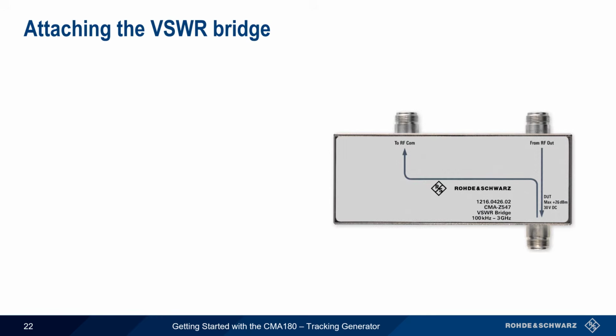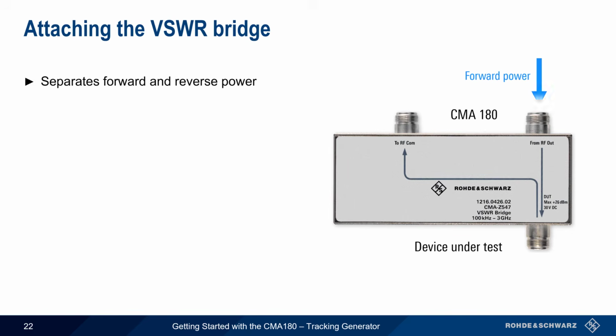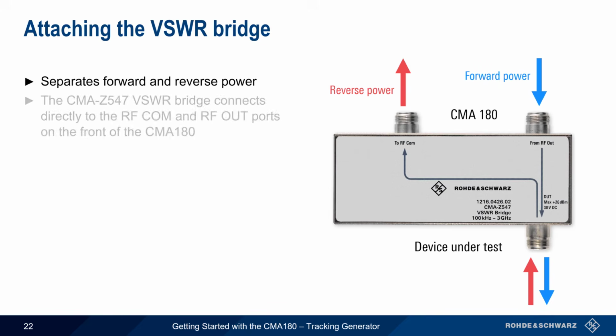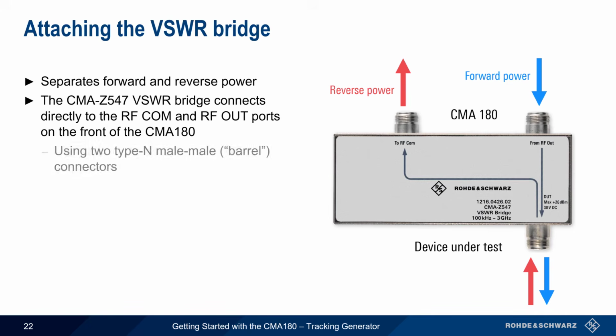A VSWR bridge is used to physically connect the CMA180 to the device under test. Recall that the purpose of a VSWR bridge is to enable separate and simultaneous measurement of both forward and reverse power. The CMA-Z547 VSWR bridge, shown here, connects directly to the RF COM and RF out ports on the front of the CMA180, using a pair of Type N male-to-male or barrel connectors.